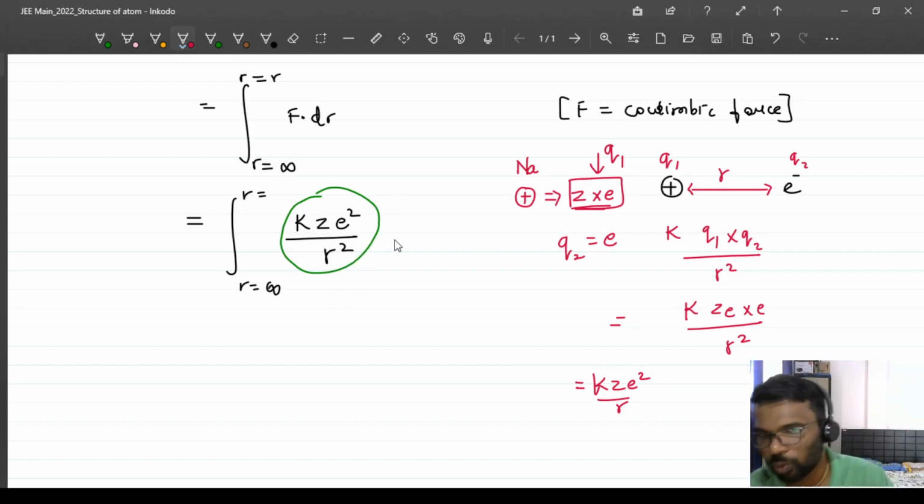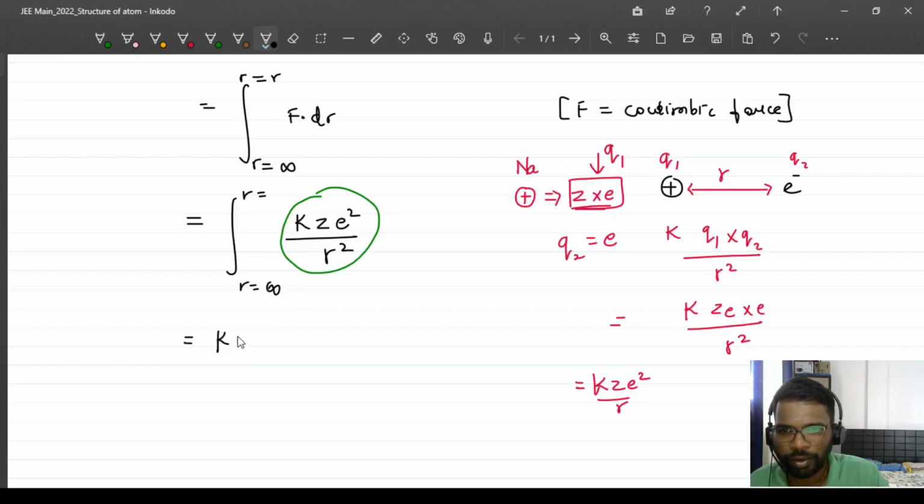Let's go ahead from here. In the integral, k is constant, Z is also constant, and the charge on the electron is constant. What can vary is the distance.